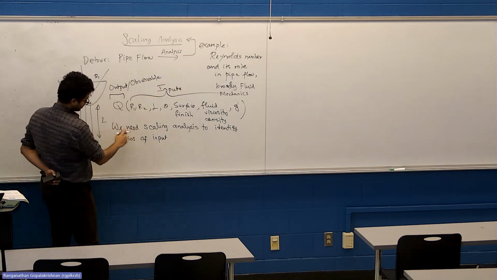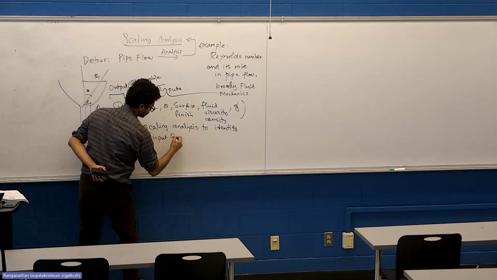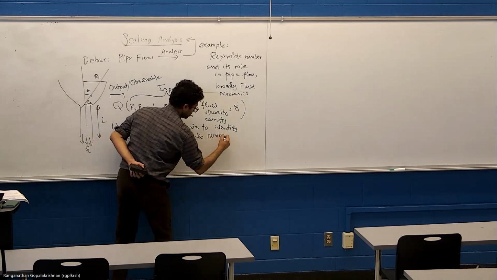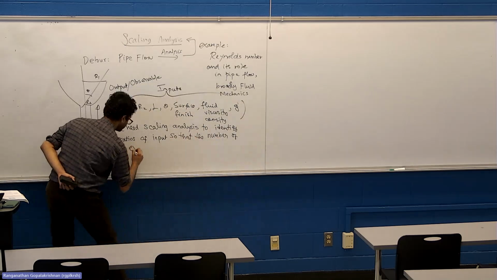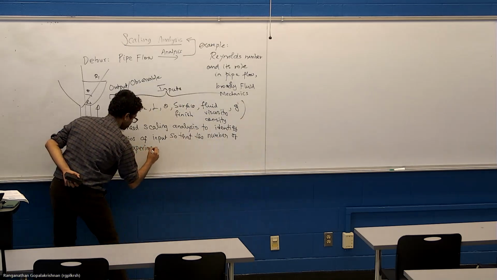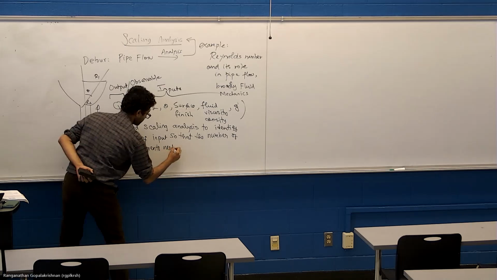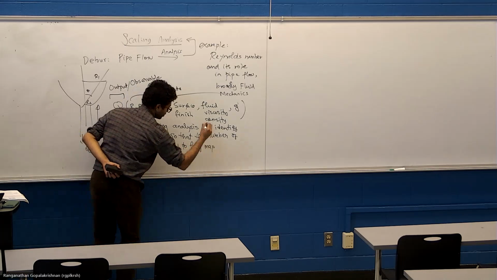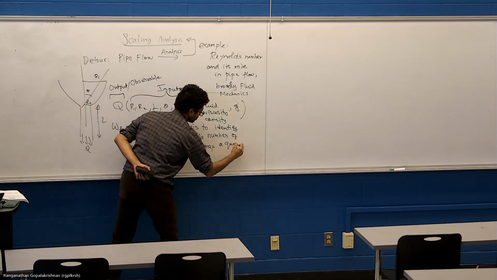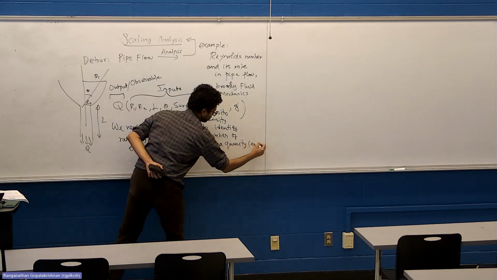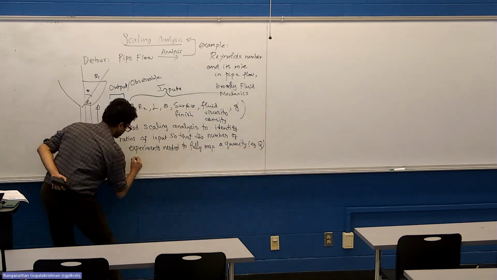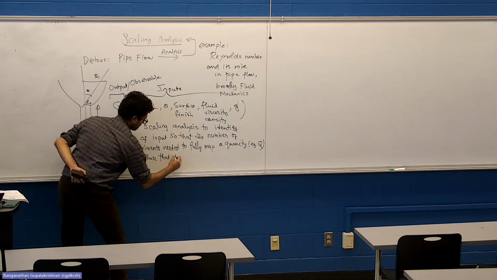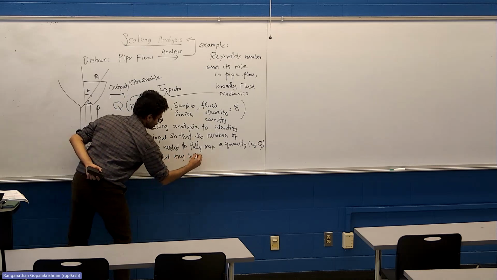We need scaling analysis to identify ratios of inputs so that the number of experiments needed to fully map a quantity, in our case for example flow rate, on those that may influence it, can be reduced.